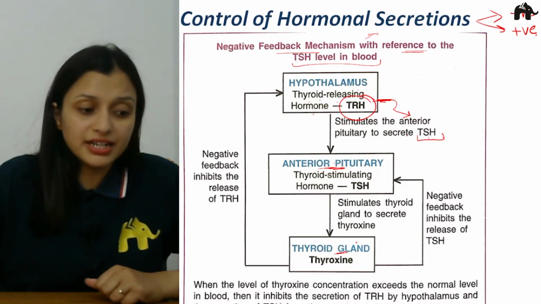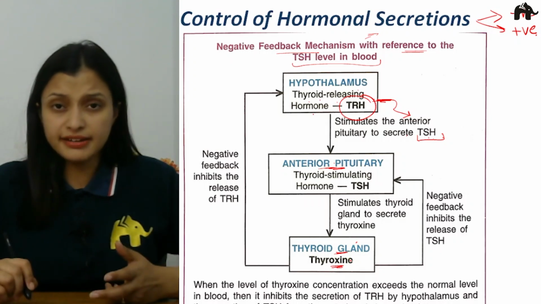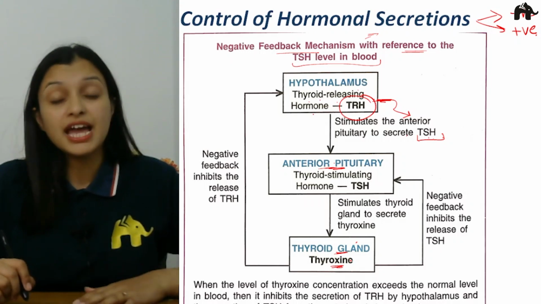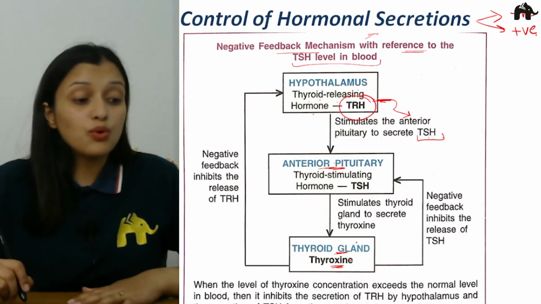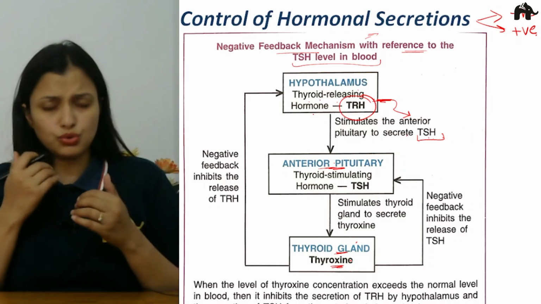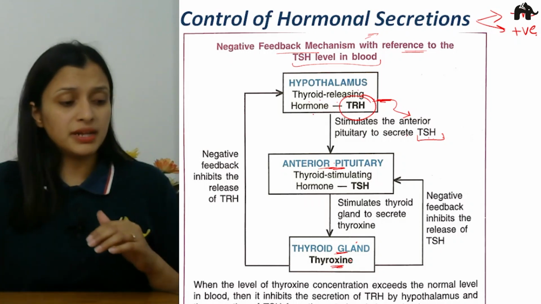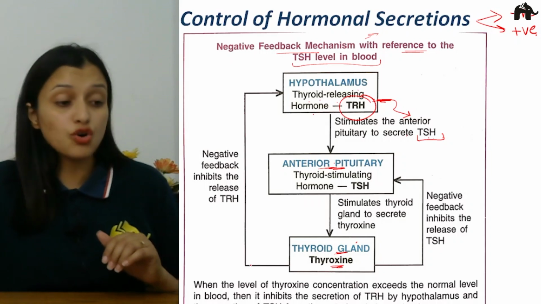Now the thyroid gland will produce the hormone called thyroxine, right? And we know the role of thyroxine in our body. It is very important for our body. Now when the thyroxine level exceeds a certain limit, more than the normal level in our body, it inhibits the secretion of TRH.